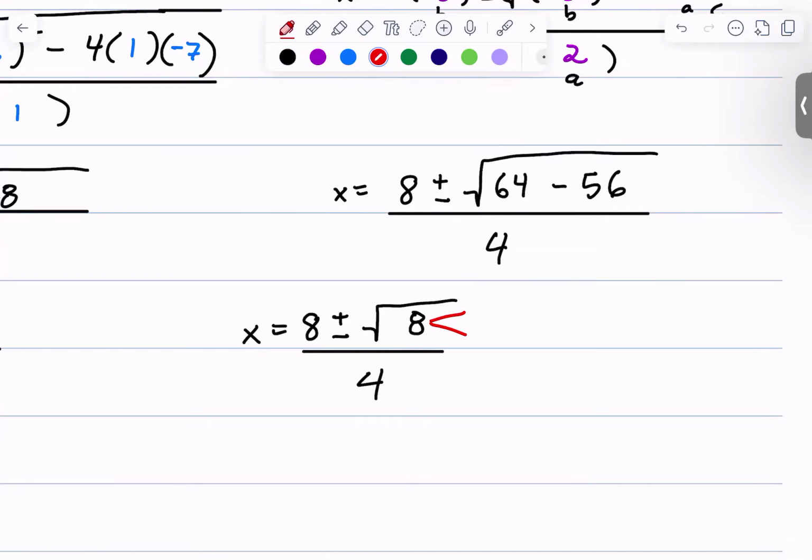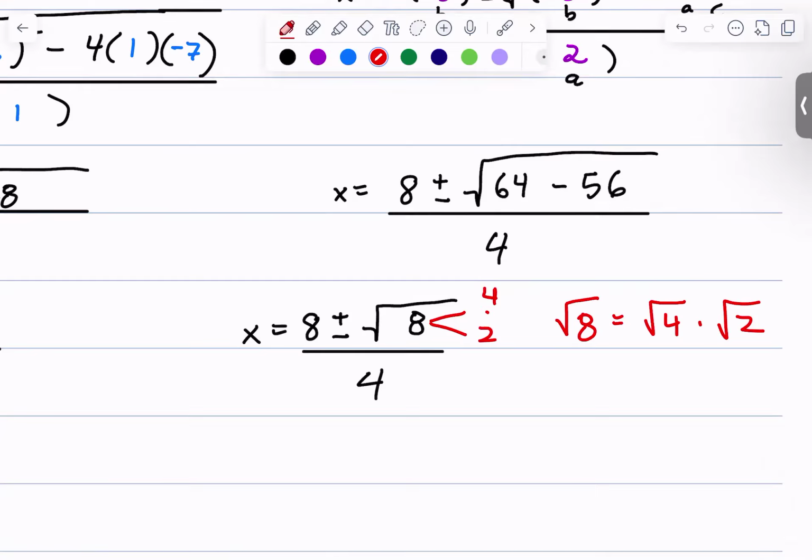Now 8, I can break that down into 4 times 2. Now since I know the square root of 4 is 2, I'm going to rewrite square root of 8 as square root of 4 times square root of 2. Because that's one of the properties of radicals, right? We can break it down like that.